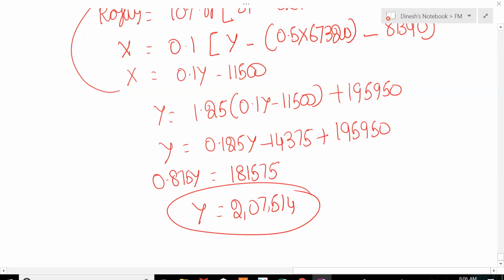So we'll have to fix a price of 2,07,514 if we have to make a 20% profit.